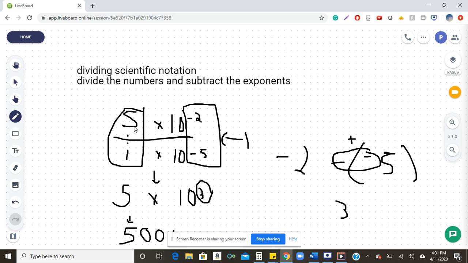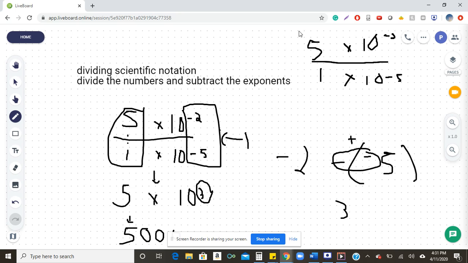So if we have a 5 times, and let me rewrite this, 5 times 10 to the negative third as our scientific notation, then we also are going to take 1 times 10 to the negative 5, which we are dividing by.